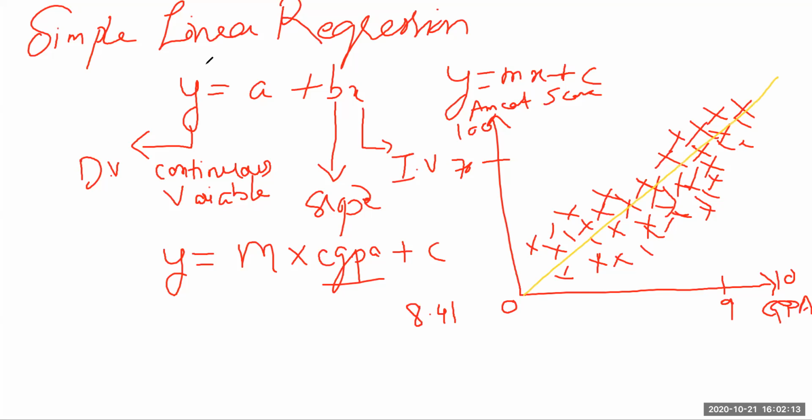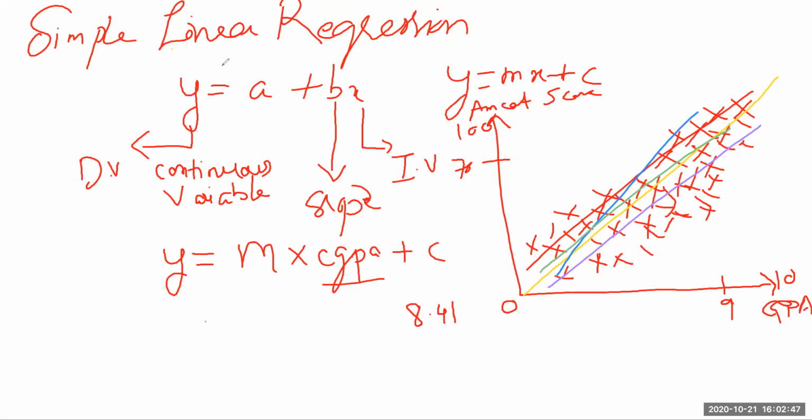The reason is that there could be another line that could pass this way, another line that would pass this way. There could be multiple lines I could draw, with different slope values, different values of m. Now, how do I determine which one is the best line or the best fit?